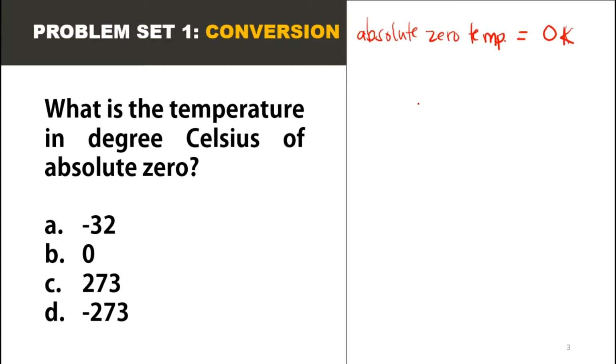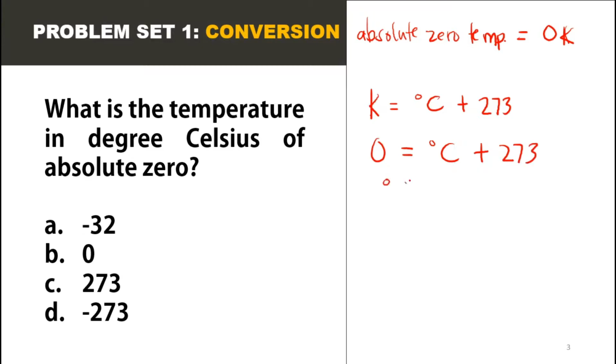The relationship between Celsius and Kelvin is given by Kelvin equals degrees Celsius plus 273. So we can substitute the value for Kelvin, that is absolute zero temperature, 0 Kelvin. We have 0 equals degrees Celsius plus 273.